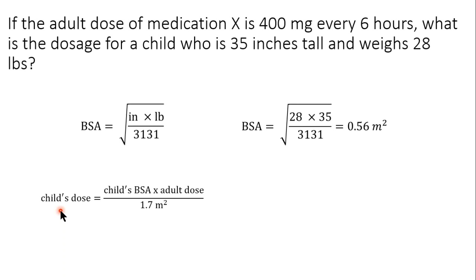To find the child's dose, you would multiply the child's BSA times the adult dose and divide it by 1.7 meters squared. So in this case, the child's dose is 0.56 meters squared times the 400 milligrams divided by 1.7 meters squared. The meters squared cancel out, and once we multiply and divide, we get that the child's dose is 131 milligrams.